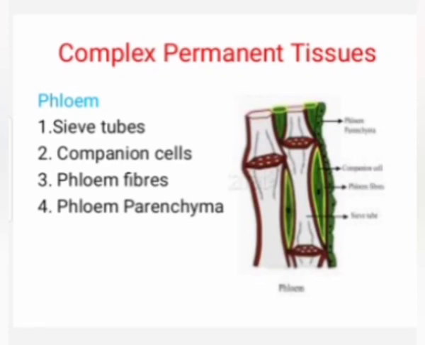They control the passage of food through the phloem. What is the function of phloem fibers? They provide strength to the plant body. Phloem parenchyma carry on the normal functions of parenchyma cells.